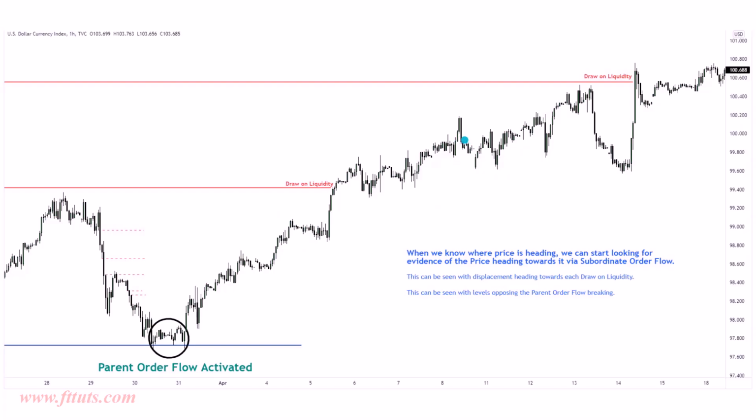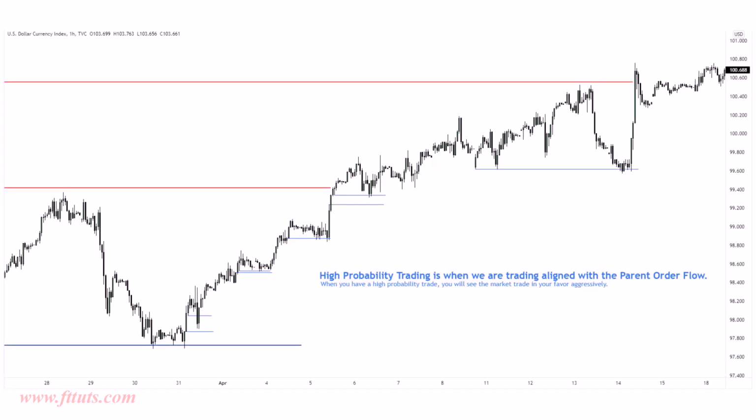Whenever you see your setup not working out, it's pretty much because you're playing against the parent order flow. So high probability trading is when we're trading aligned with the parent order flow. So here's where the parent order flow started. When you have a high probability trade, you'll see the market trade in your favor aggressively.